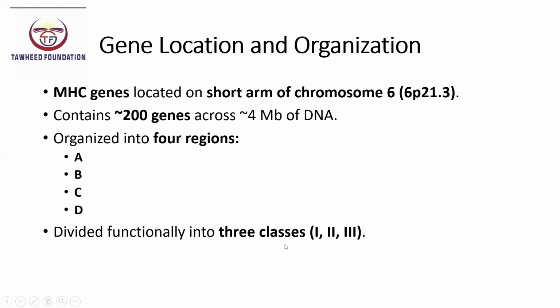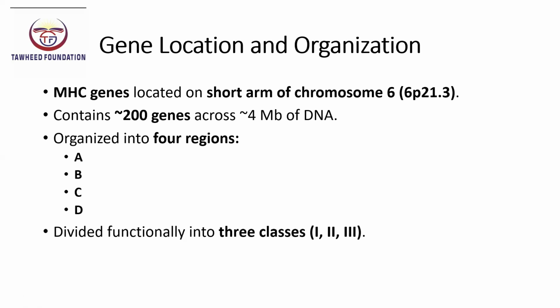Each region encodes specific proteins with distinct immune functions, including antigen presentation, complement activation, and cytokine production. The MHC locus is one of the most gene-dense and polymorphic regions in the human genome, reflecting its critical role in immune defense.